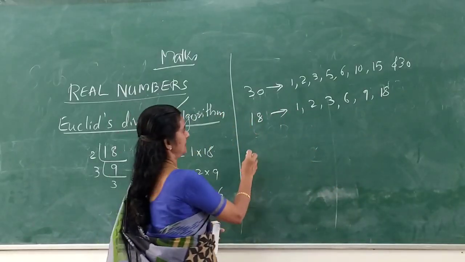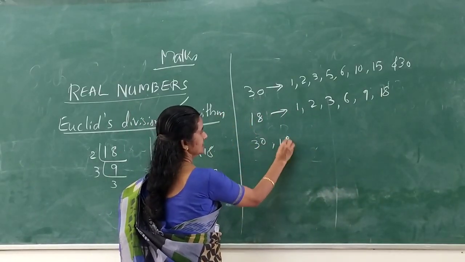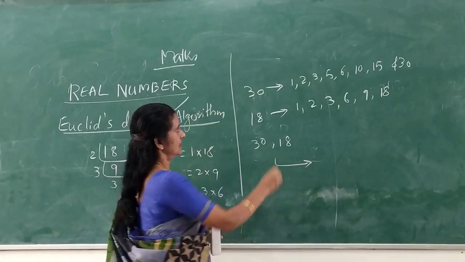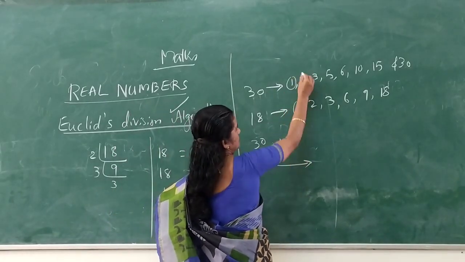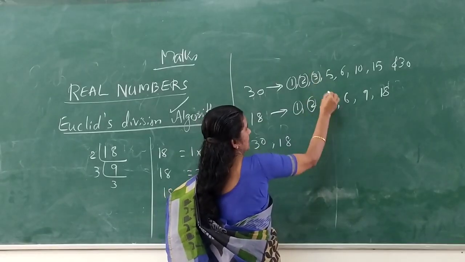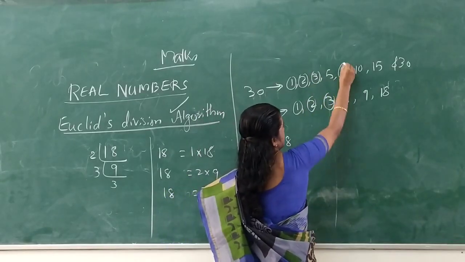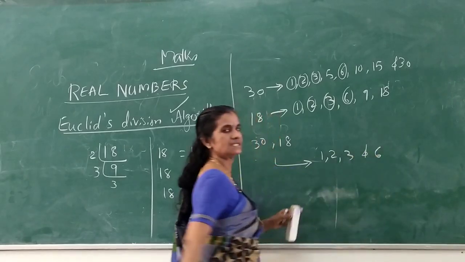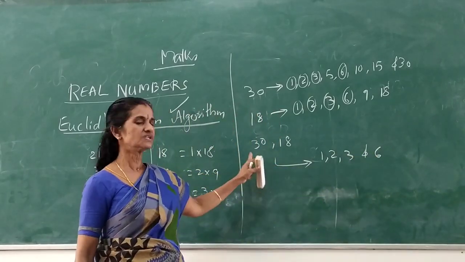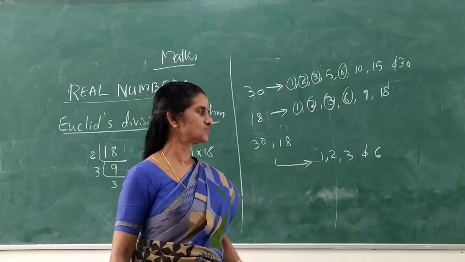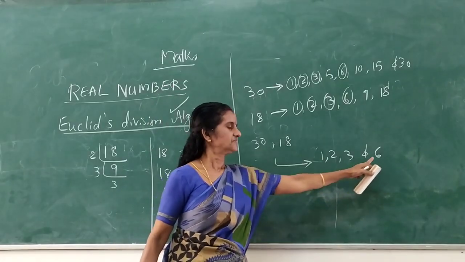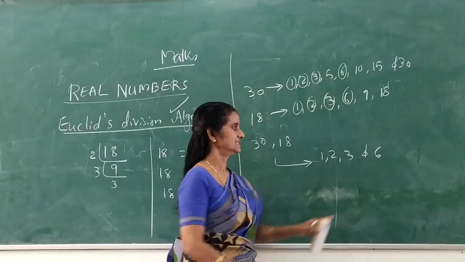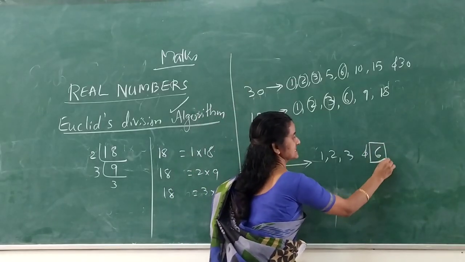So, the common factors of 30 and 18 are 1, 2, 3 and 6. Now see, which is the highest factor? The highest factor is 6.